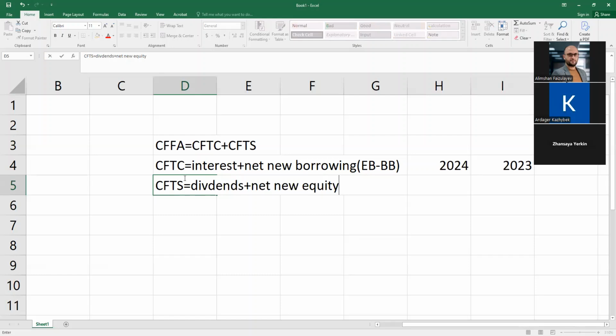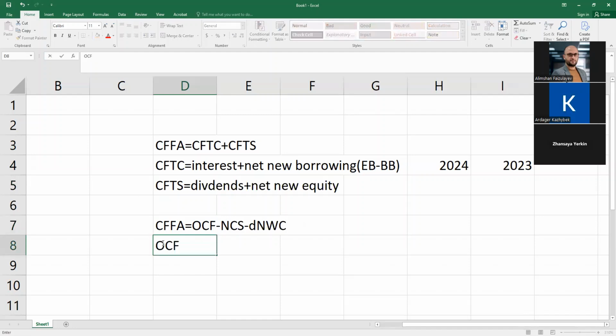The same picture in here as it was in the borrowing amount. And we said that the cash flow from assets is generated from OCF, operational cash flow, net capital spending, and change in net working capital.